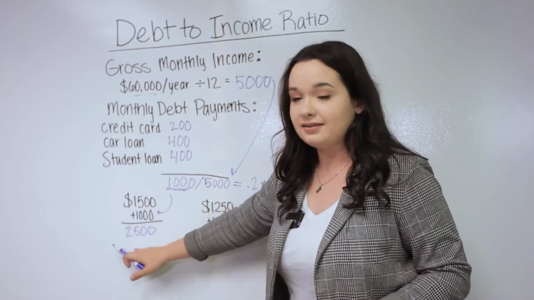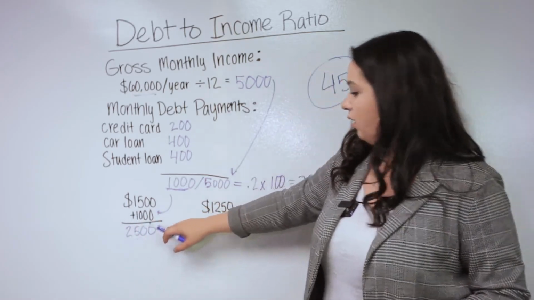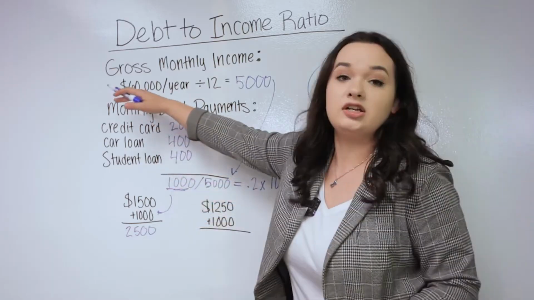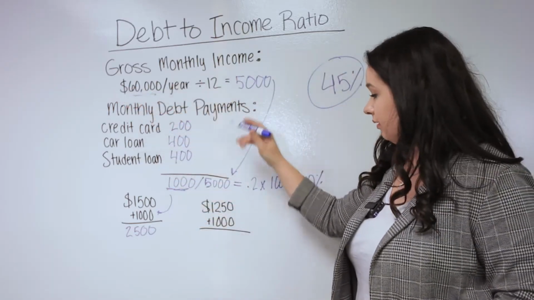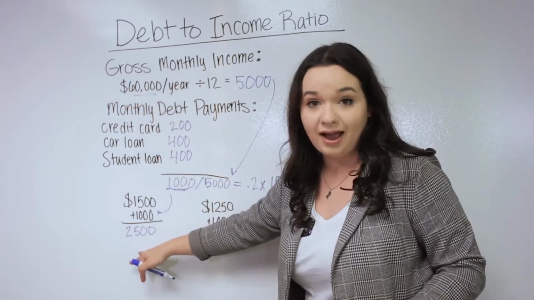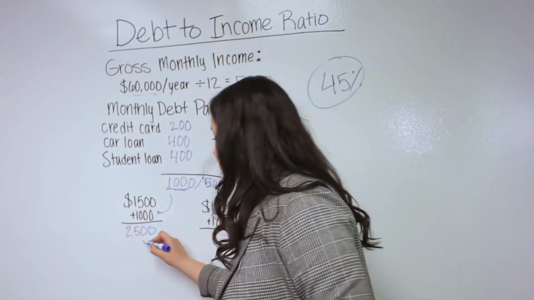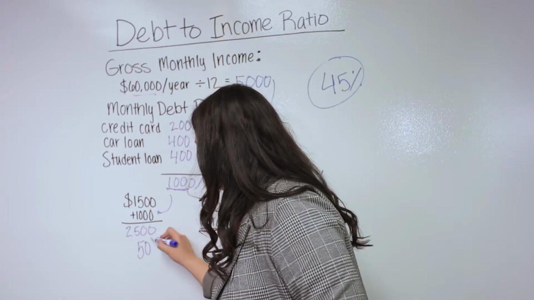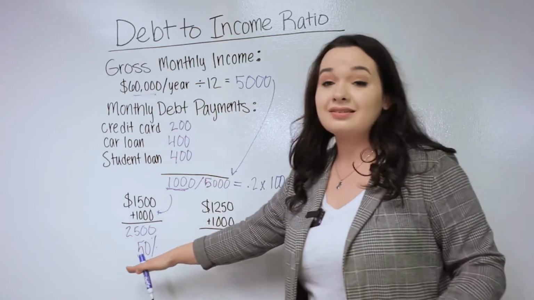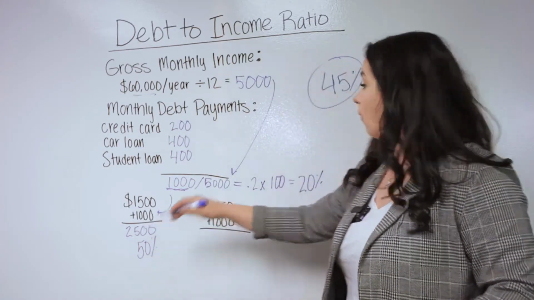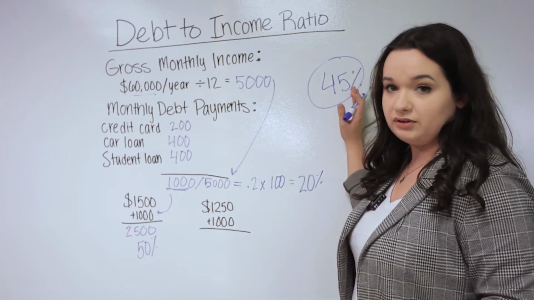If we divide this $2,500 by the $5,000, which I know I have coming in every month, that would give us 0.5 times 100, 50% DTI. This is a little bit high for the goal of staying under 45%.